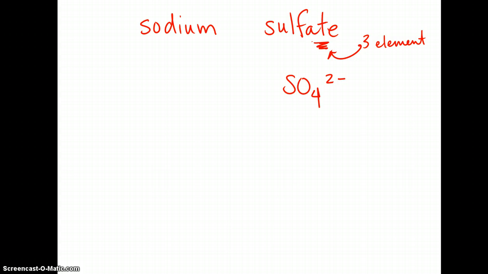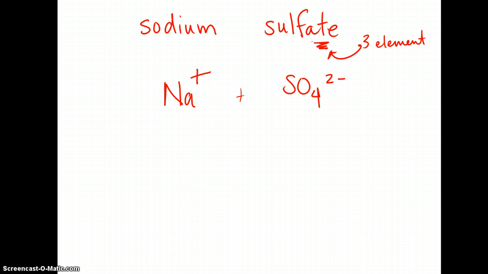Sodium, on the other hand, if I look at my periodic table, so now I'm going to be using both of them, sodium is considered an alkali metal. And because it is an alkali metal, that means it has a positive charge. So in this case, if I add these two together, we have a plus charge and a -2 charge.